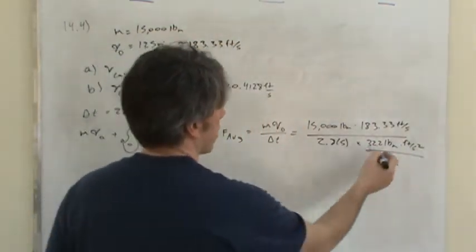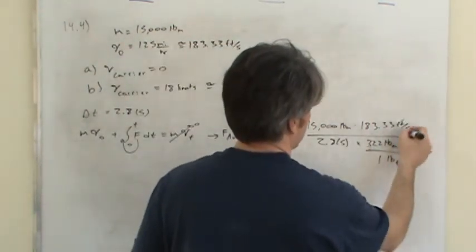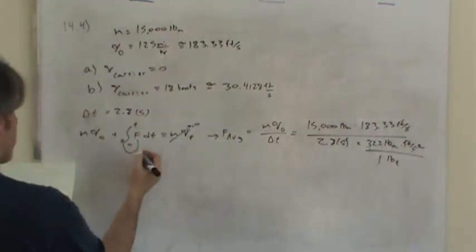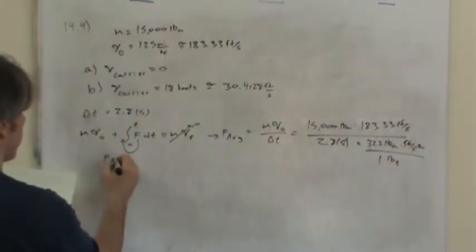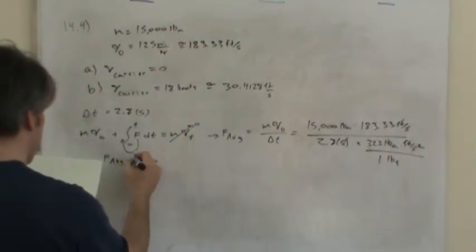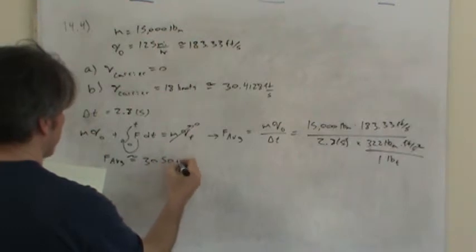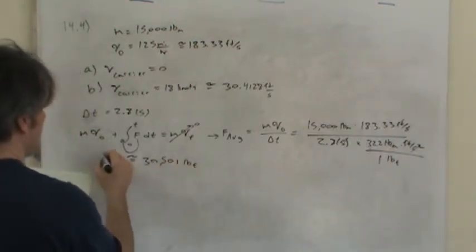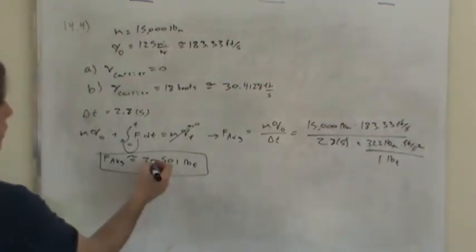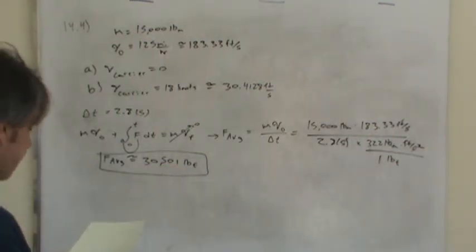Okay, so that takes care of the pound mass, the feet, and the second squared, and we're left with pounds force. So the amount of force required for part A, the average force, is about 30,501 pound force. That's how much force is required to bring the aircraft to a halt.